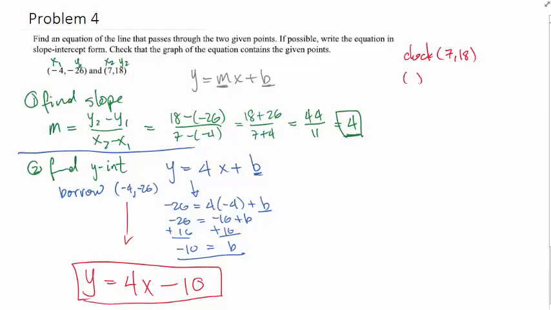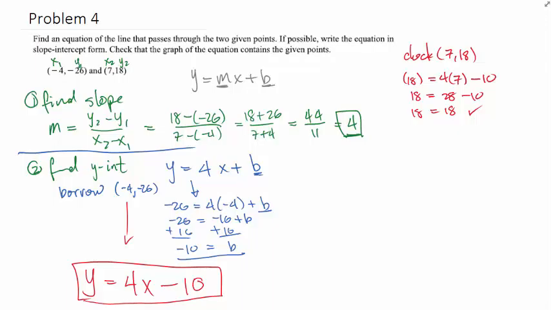So y is 18, 4 times x, which is 7, minus 10. If we put 18 and 7 here, 4 times 7 is 28, and 28 minus 10 is 18.